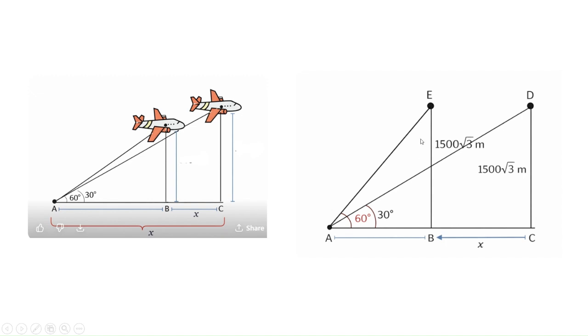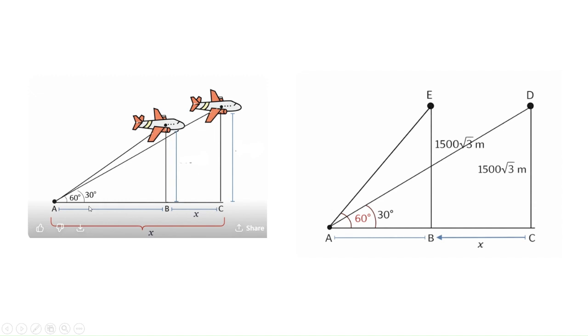The jet plane has traveled from this place to this place in 15 seconds. So we need to find out the distance traveled by the jet plane. What will be the distance traveled? BC, from here to here.